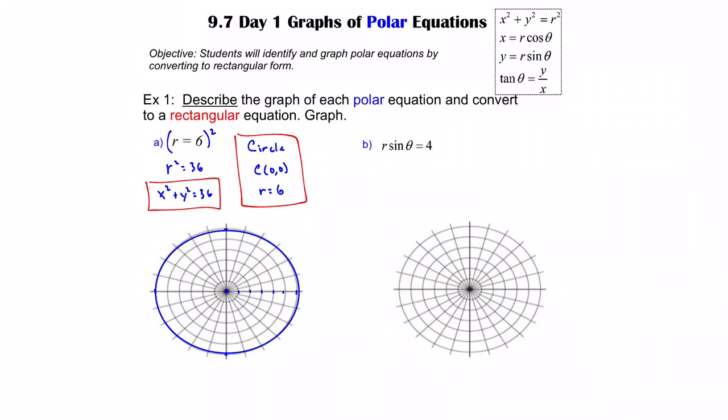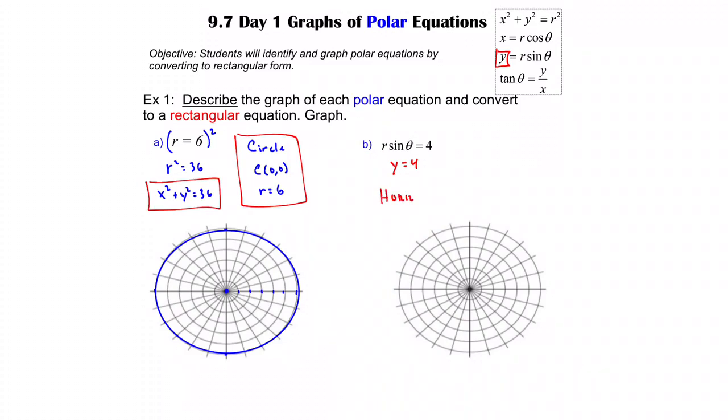Example 1b, r sine of theta is equal to 4. Once again, going back to our previous lesson, what do we need to do here? Well, what's r sine of theta? R sine of theta is equivalent to the y value, so y is equal to 4. What do we know about a rectangular equation y equals 4?